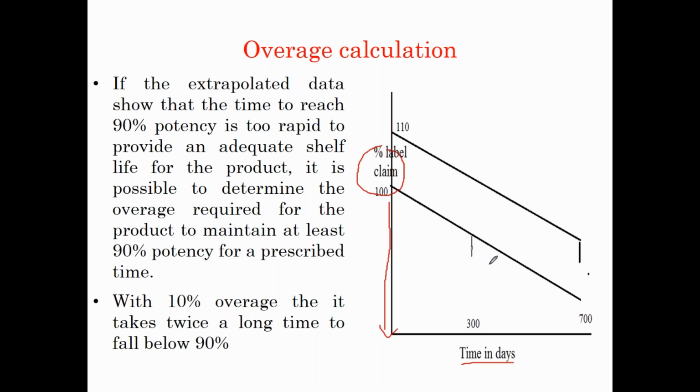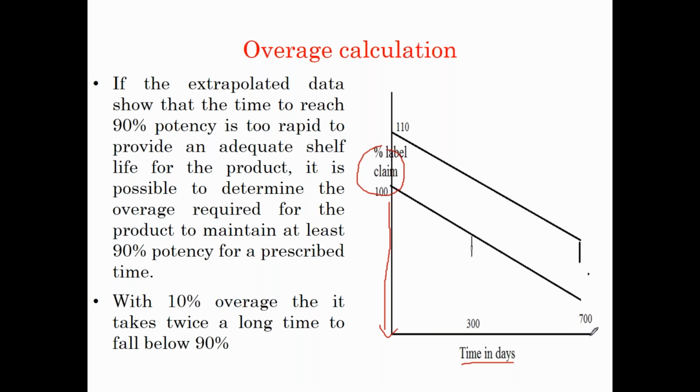That is the initial information they have. Almost by 300 days, more than 50% of the drug is reduced, that is, potency is reduced from 100% to 90% or near to 50%. So they have this information.